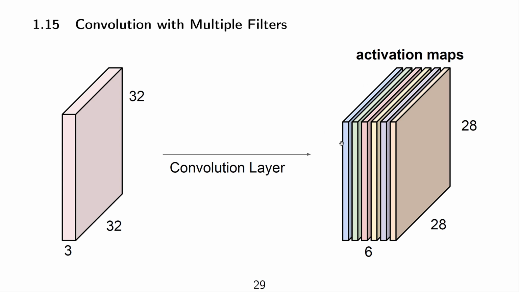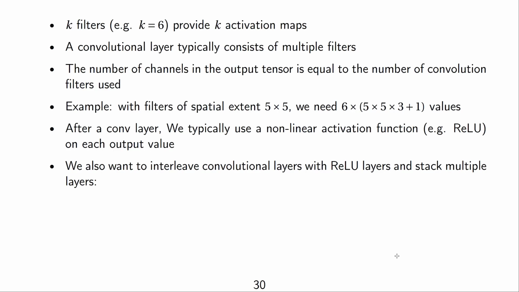This would give us one blue activation map. If we want to get 6 output activation maps, 6 output channels, we would need 6 different filters. They could all be the same size, so let's say 6 times 5 times 5 times 3, and then we would also need 6 bias values.